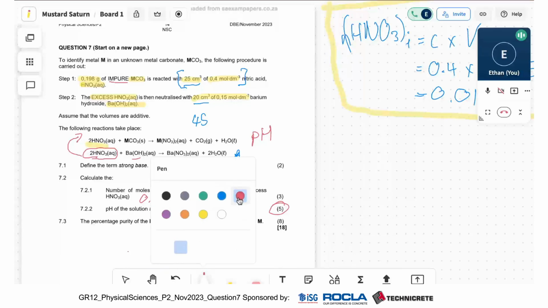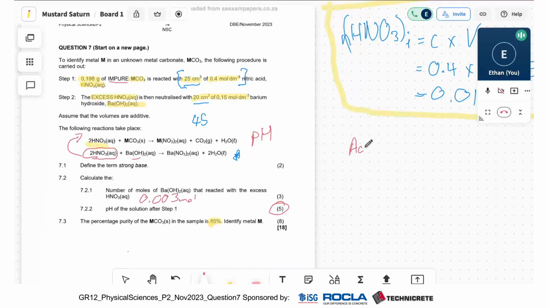We're going to assume that the acid only reacts with the metal carbonate, and it doesn't react with the other 15% impurities. This is an important assumption because it gives us a way of trying to figure out what the metal carbonate is. So we have to make this assumption first before we can carry on with the question.